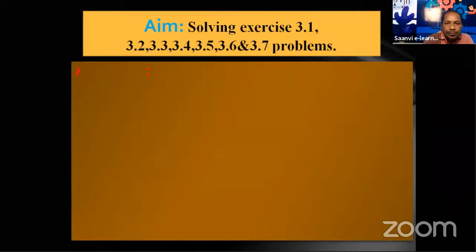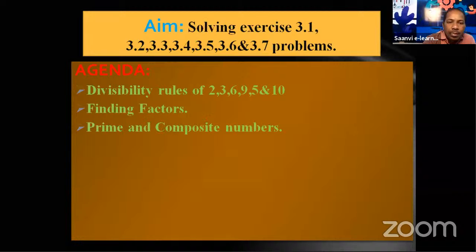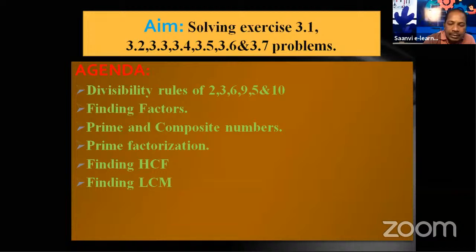And the agenda is divisibility rules of 2, 3, 6, 9, 5 and 10. Finding factors, prime numbers and composite numbers, prime factorization, finding HCF, finding LCM, relation between HCF and LCM.